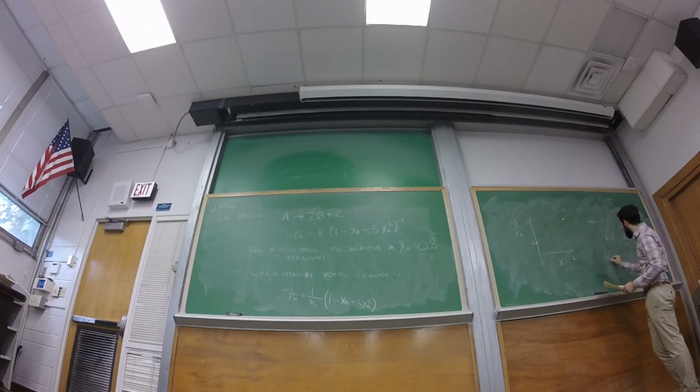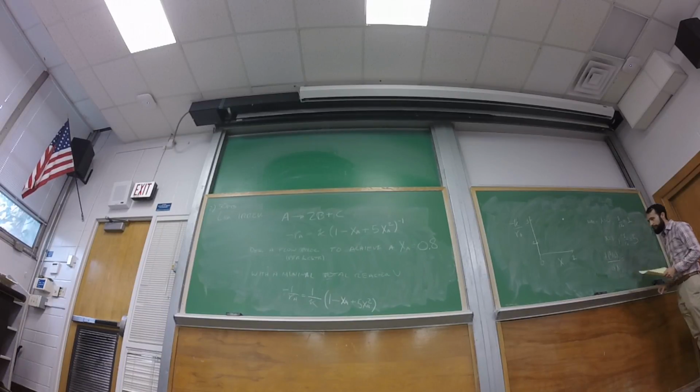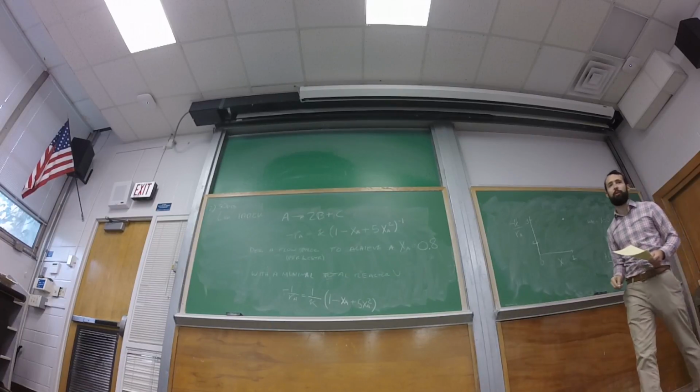So the derivative of k minus k over Ra with respect to what? X, big X, conversion. And what's that equal to? Look at that, without a calculator and everything. I didn't even have to go to Wolfram Alpha.